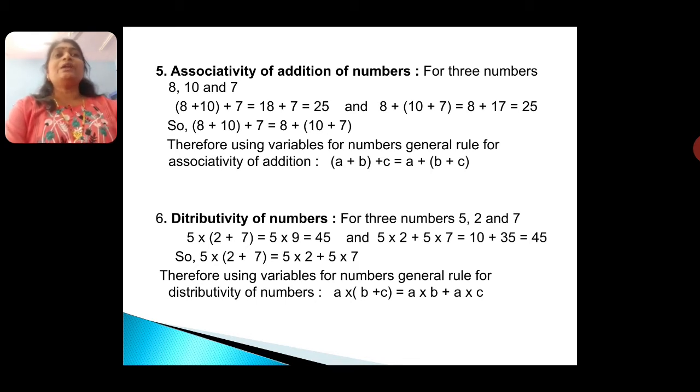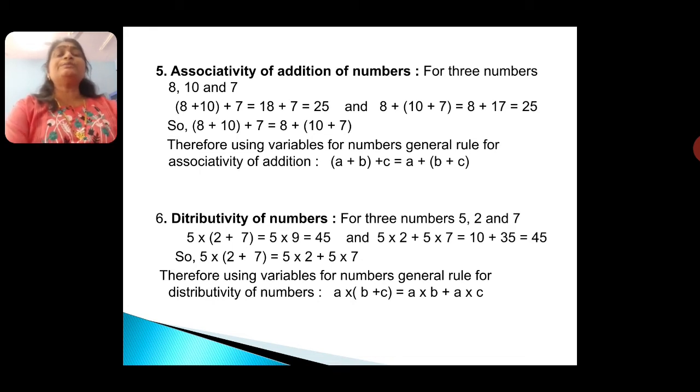So, (8 plus 10) plus 7 equals 8 plus (10 plus 7). Therefore, using variables for numbers, the general rule for associativity of addition is (a plus b) plus c equals a plus (b plus c).